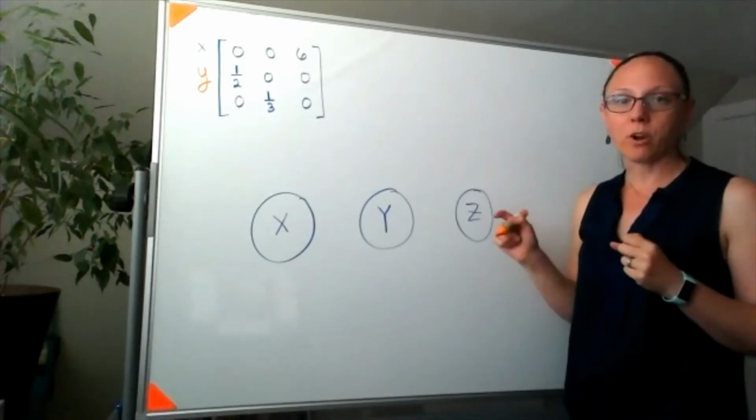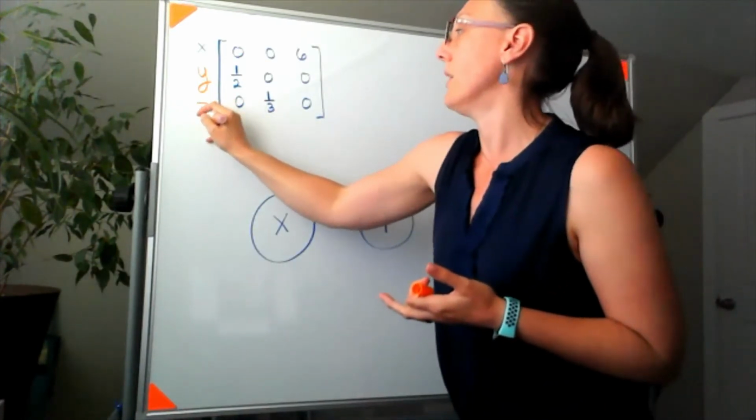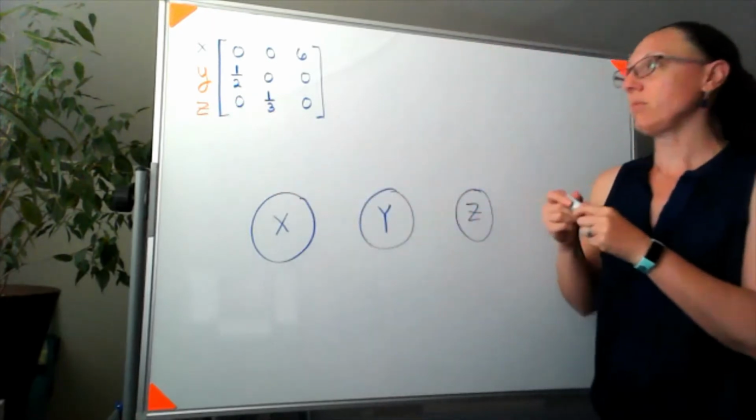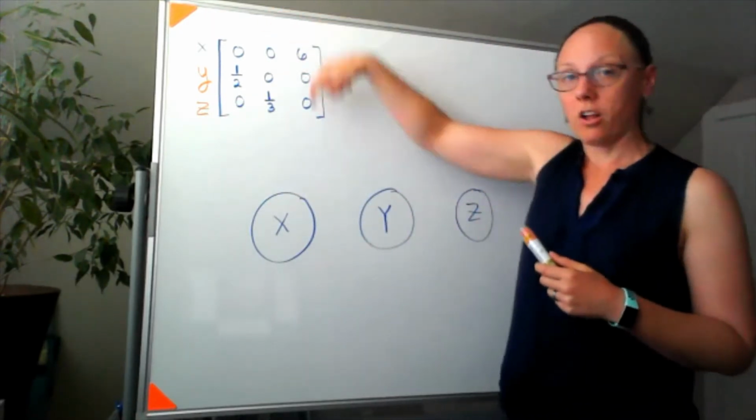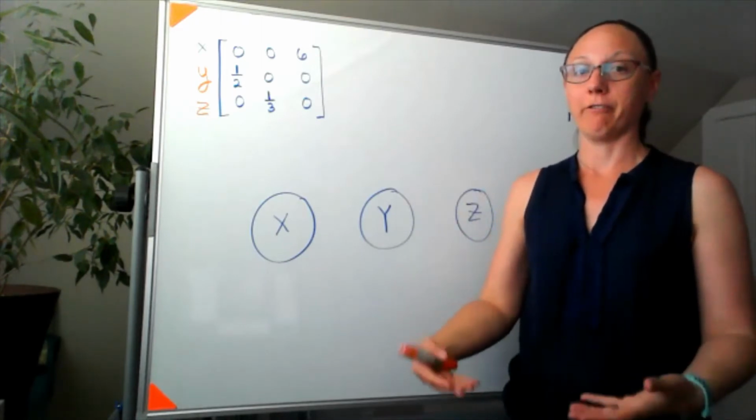And that third row is giving us information about what is coming into Z. Then the columns are telling me where the information is coming from.